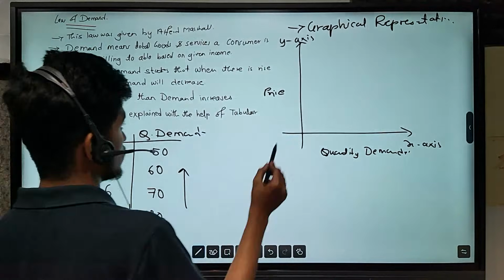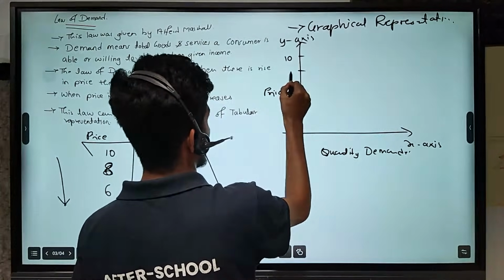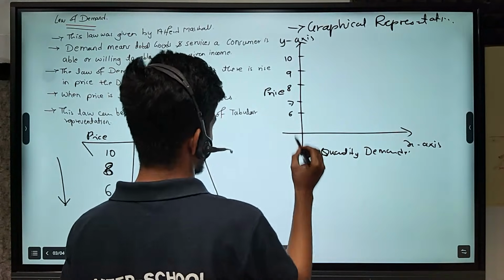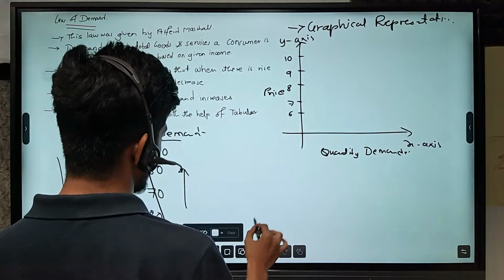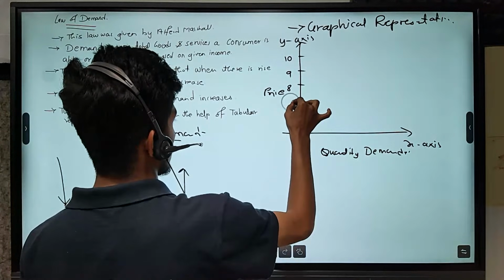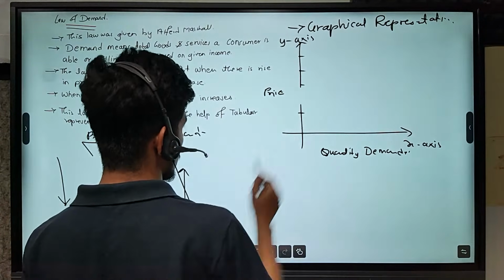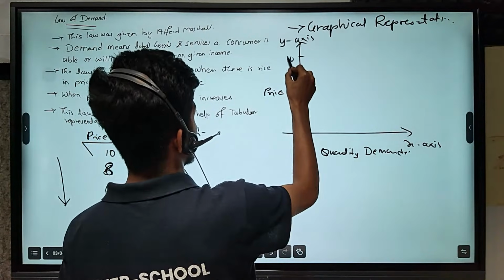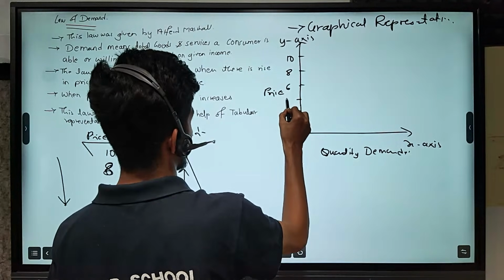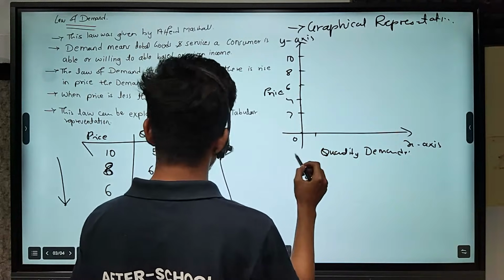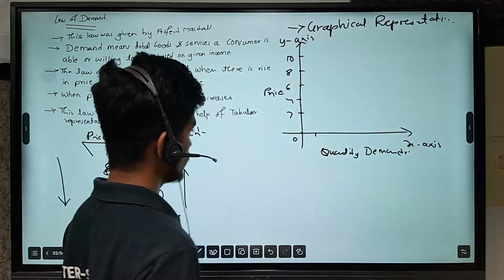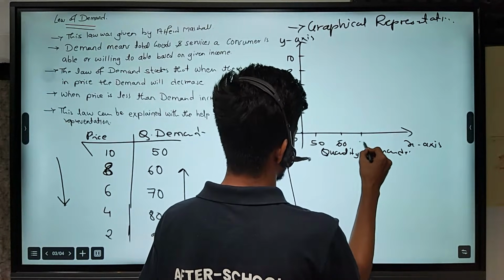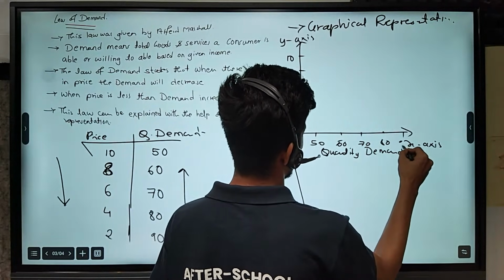Now, we have to reduce the numbers, so the price will be 10, 8, 6, 4, 2, 0. Here it will be quantity demanded: 50, 60, 70, 80, and 90.